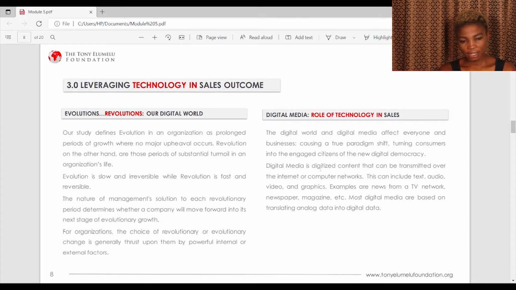The digital media is digitized content that can be transmitted over the internet or computer network. This can include text, audio, video, graphics. Examples are news from a TV network, newspaper, magazine, etc. Most digital media are based in transmitting analog data into digital data.